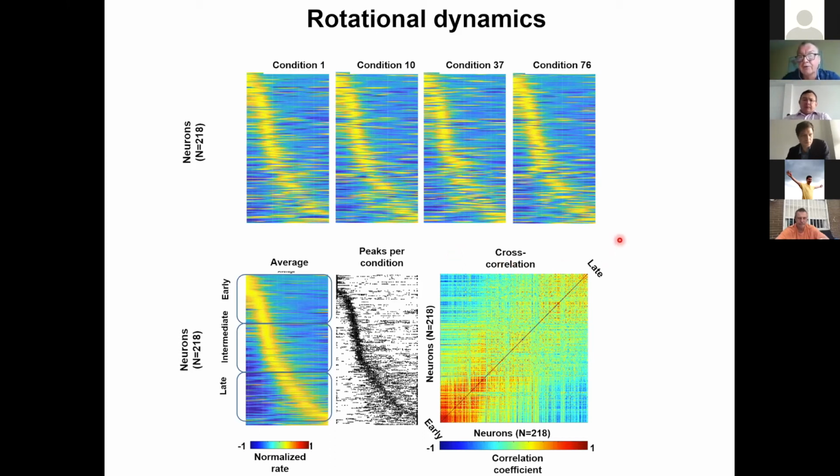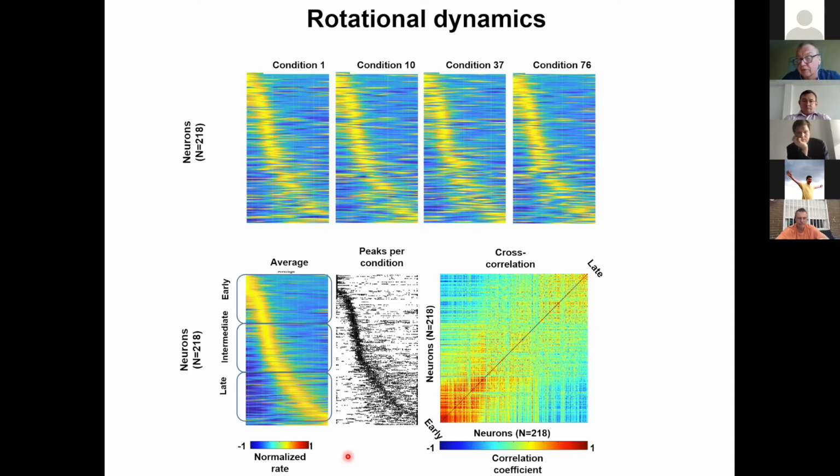Also, notice that I normalized activity from -1 to 1, simply not to look at the differences in the firing rate, but to pay attention just to when peak activity occurs. And when I averaged all trials and sorted them by peak activity, there was a nice wave of activity running across this population.